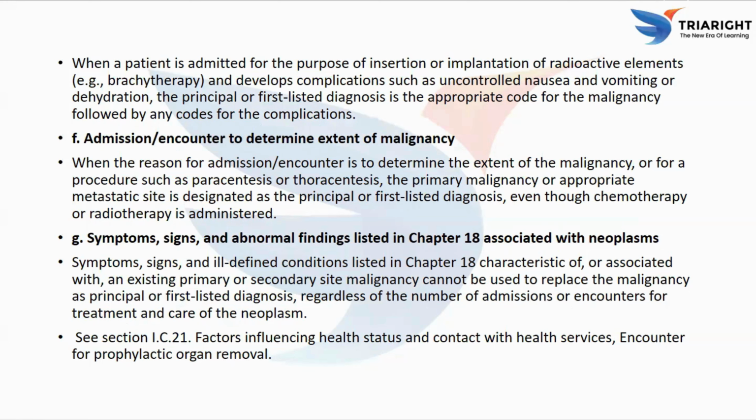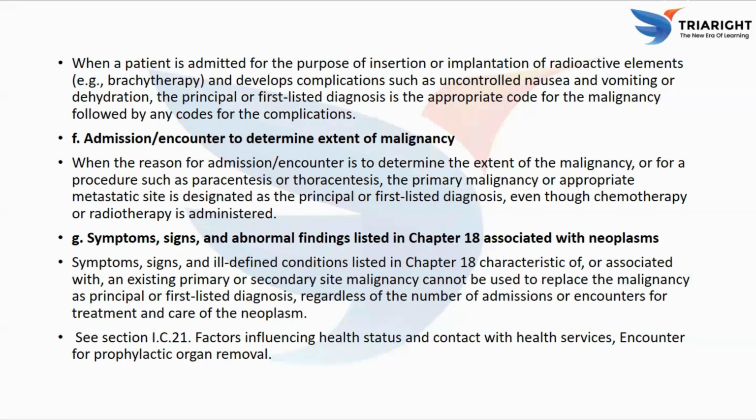Our next guideline, the F guideline, is admission or encounter to determine extent of malignancy. What does this mean? The patient is admitted to determine how far the cancer has spread, and diagnostic or evaluative procedures are performed, such as paracentesis, thoracentesis, biopsy, imaging or staging workup.